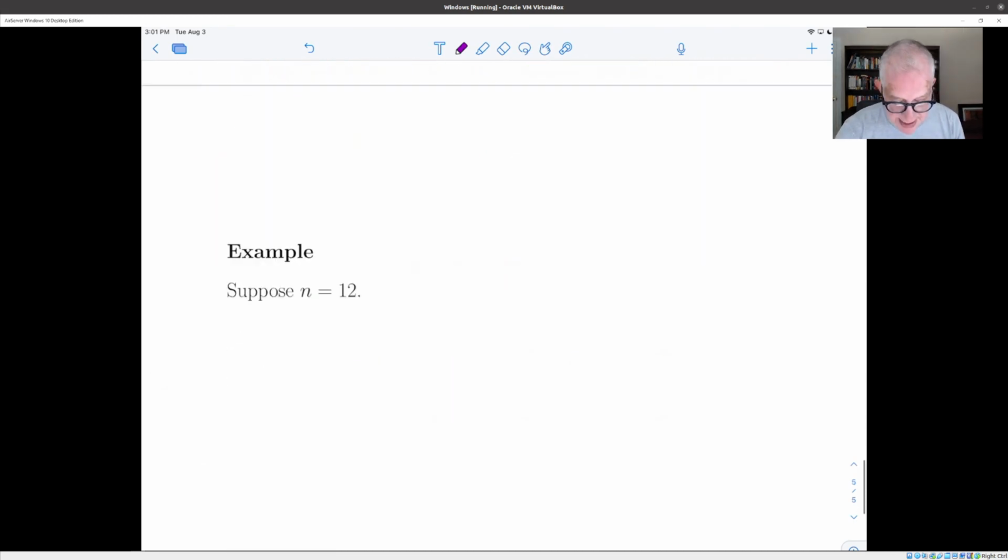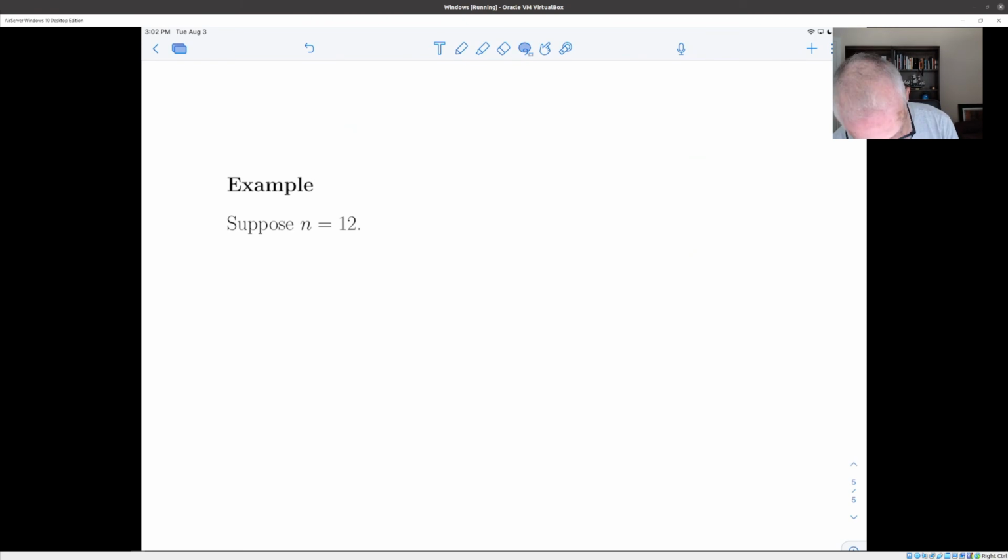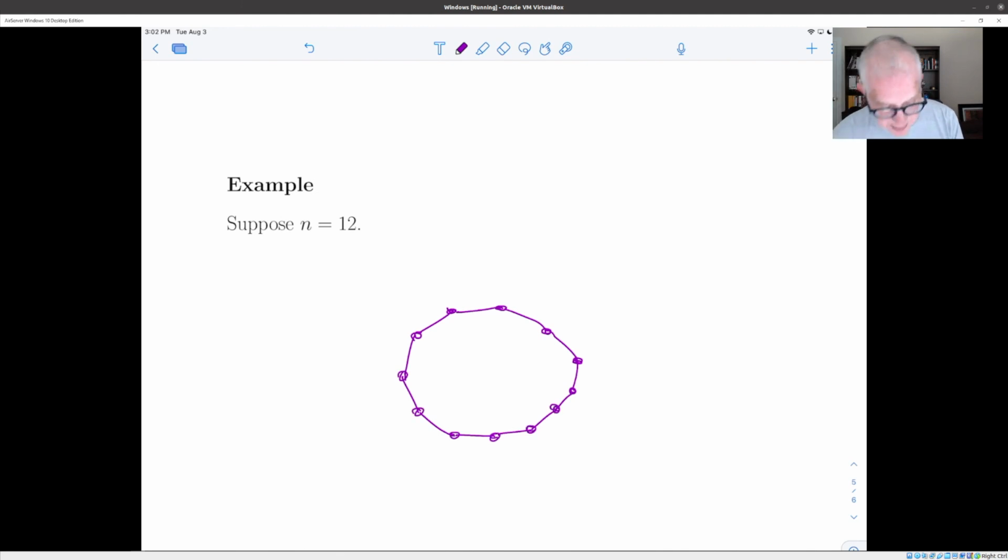And just to give an example, if we take n equals 12, 1, 2, 3, 4, 5, 6, 7, 8, 9, 10, 11, 12. There's my attempt to draw a 12-gon. And so these would be the z.